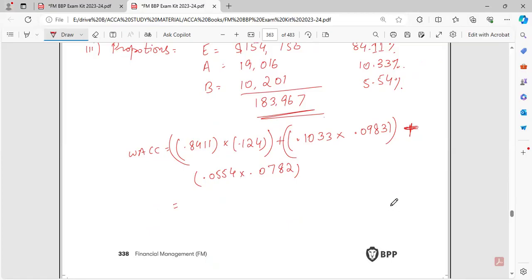It is 0.004336. 0.8411, 0.124, so 0.10429 plus 0.1033 into 0.0983 plus 0.004336.